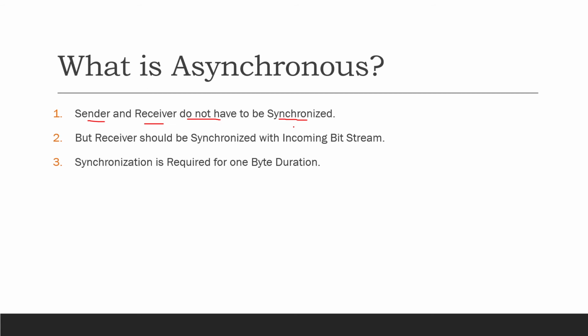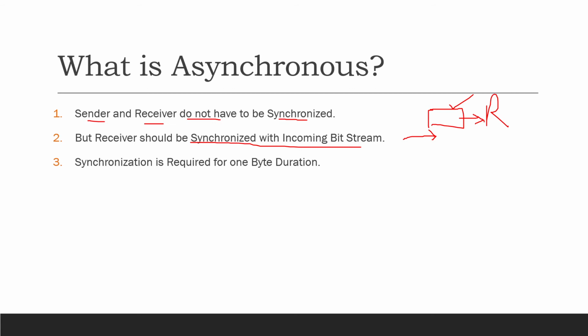Second, the receiver should be synchronized with the incoming bit stream. Suppose at the receiving side one block is coming towards the receiver. At that time our receiver should be synchronized to this block, because when it arrives the receiver should know that the starting bit is coming.